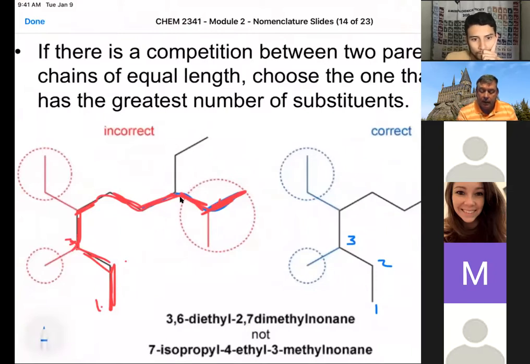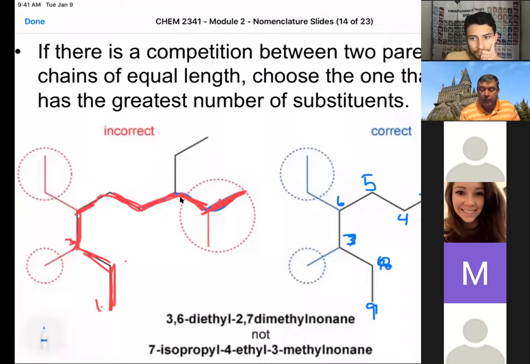And from the other side, this is 1, 2, 3. It would put our first substituent on the 2 carbon. So now we have to number from this side as 1, 2, 3, 4, 5, 6, 7, 8, and 9. So we've correctly assigned our numbers, we've correctly assigned our parent chain, and now we just need to assign our groups.